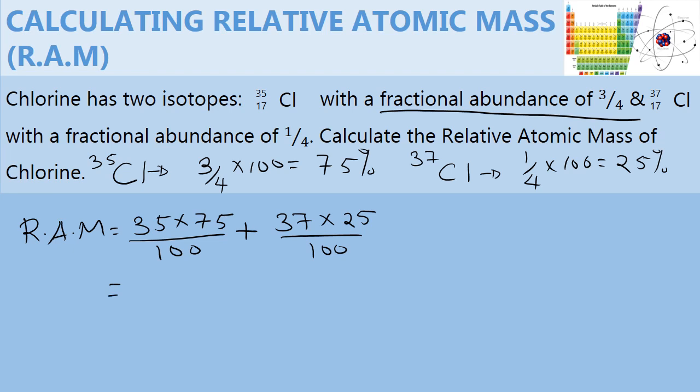This would give us a mass of 35.5, and therefore the relative atomic mass of chlorine is 35.5. You can also look at the periodic table and confirm this.